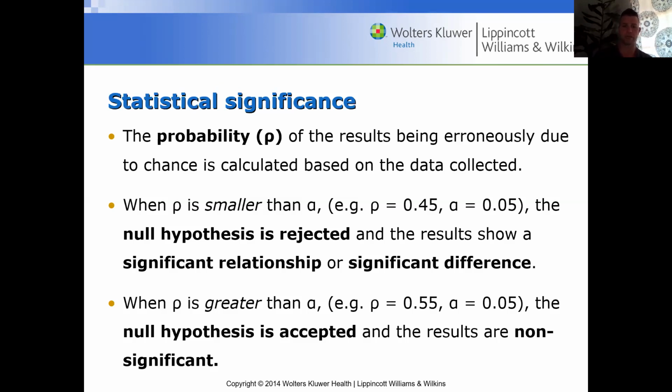The p would be greater, which means the null hypothesis is accepted and the results are not significant, right? So again, that means there's too high a chance that something else played into it, right?